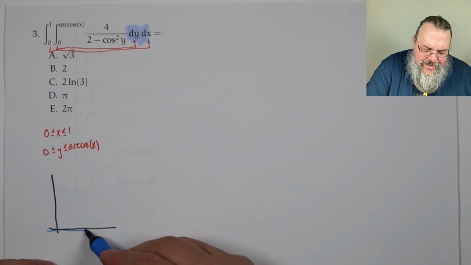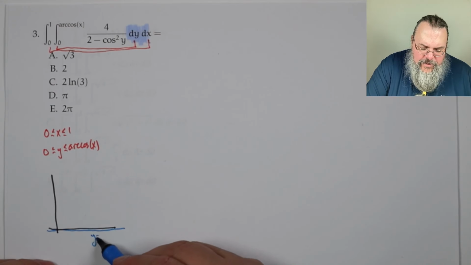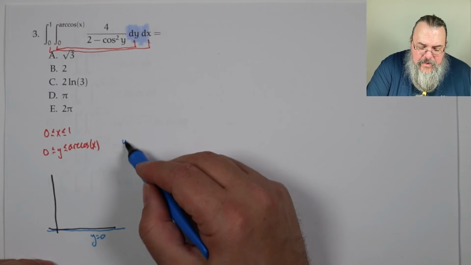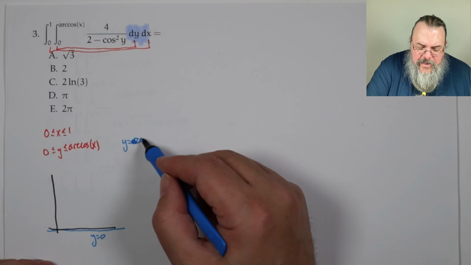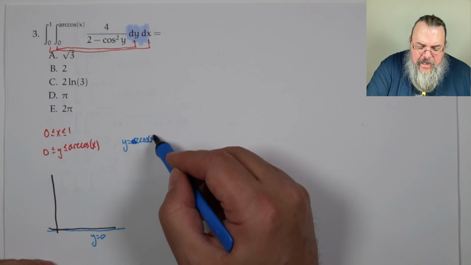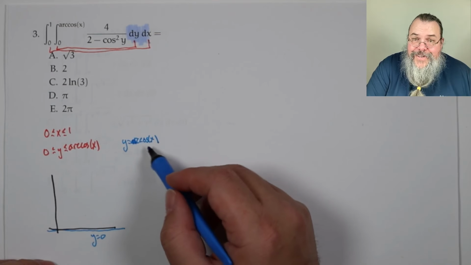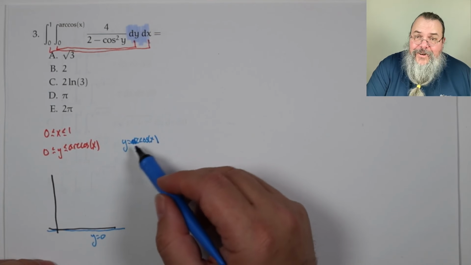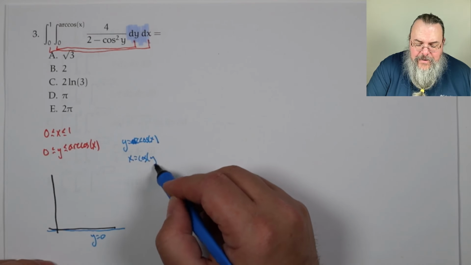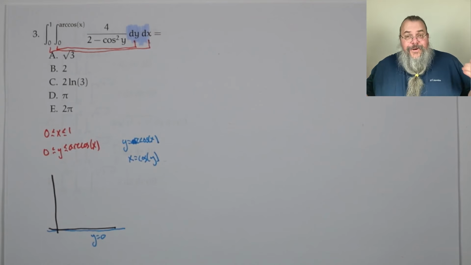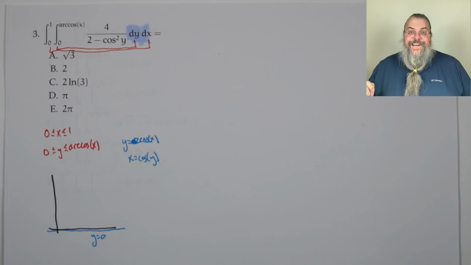What? Right? So we have our y equals 0. But think about it this way. If y equals arc cosine of x, that's the inverse cosine. So now take the cosine of both sides, you get x equals cosine of y. So it's like the cosine function, we just sort of turned it on its side.